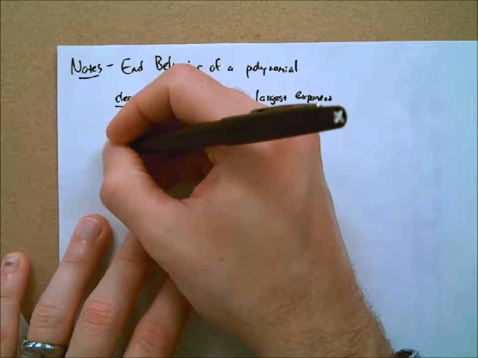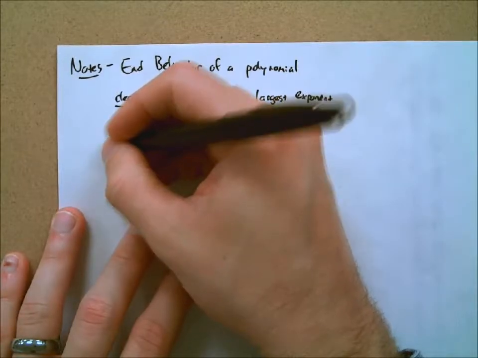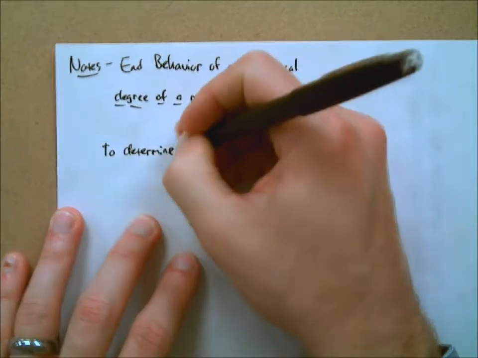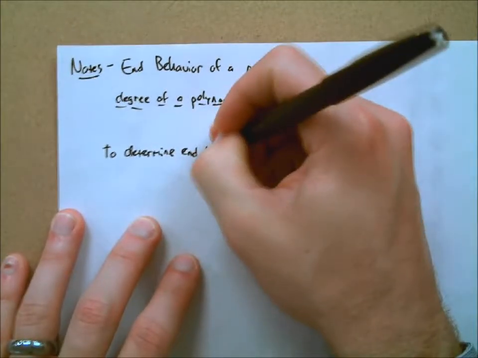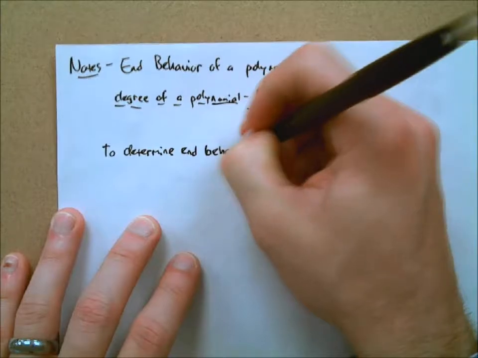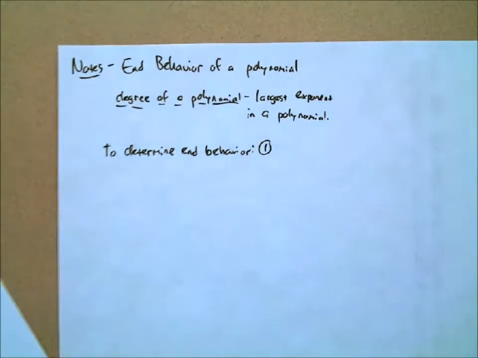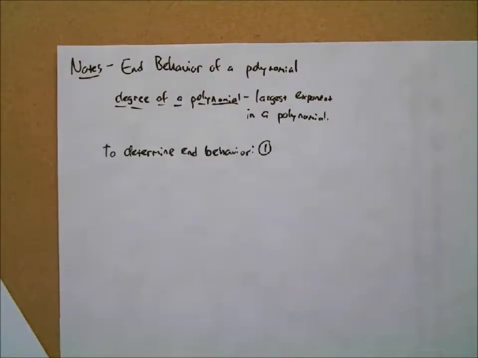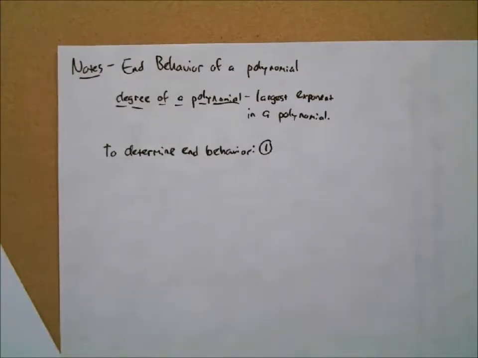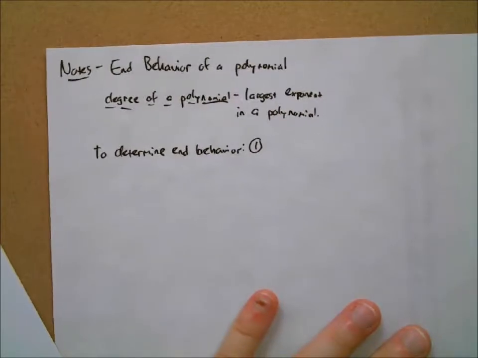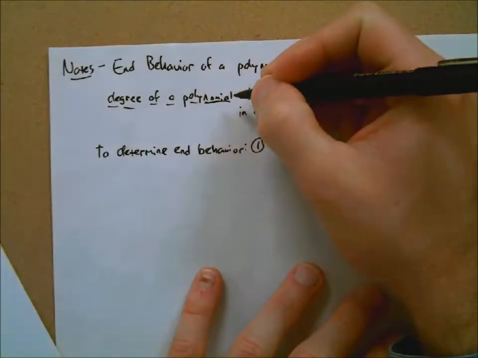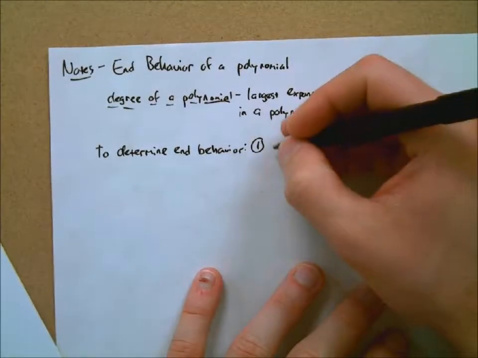So to determine end behavior, and I feel like this is something you guys have talked about before, do you remember what's one important component in determining the end behavior? The vertex? Well, potentially there. Well, I just introduced the idea of degree, okay? So we'll need to consider the degree of the polynomial.